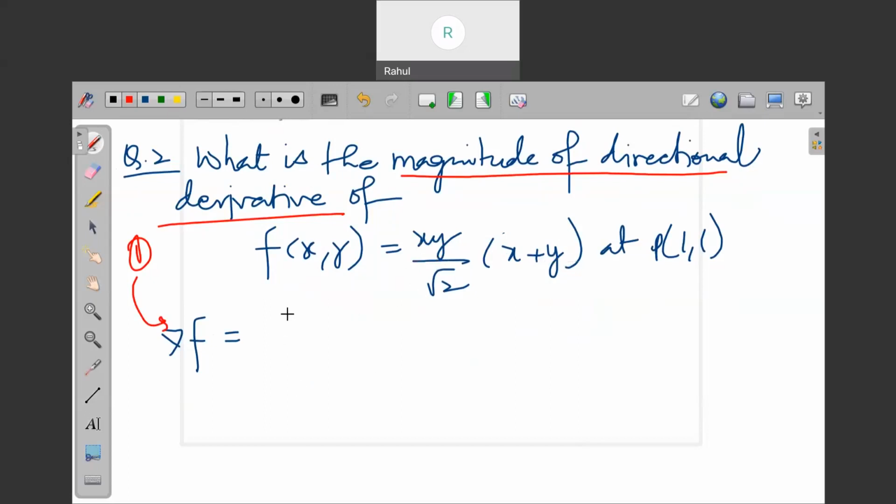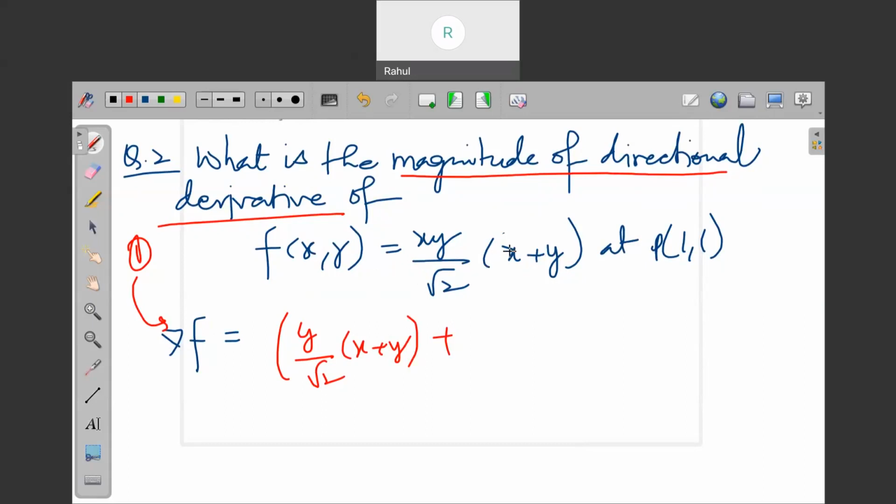So let me differentiate this with respect to x.